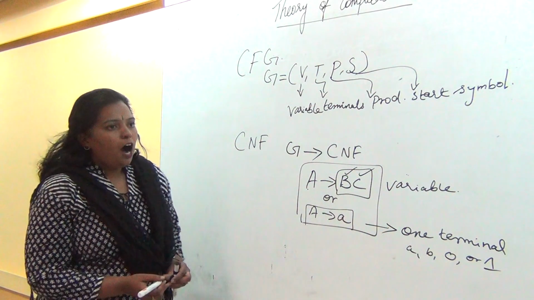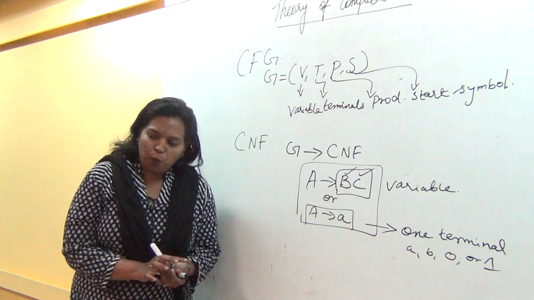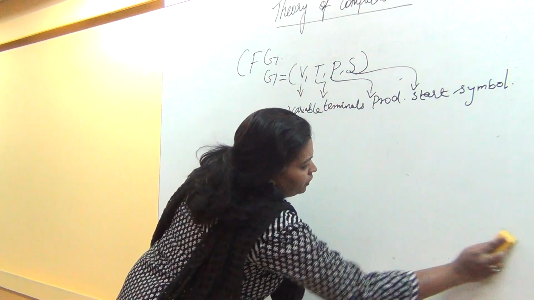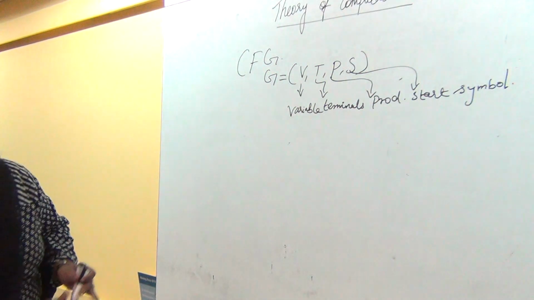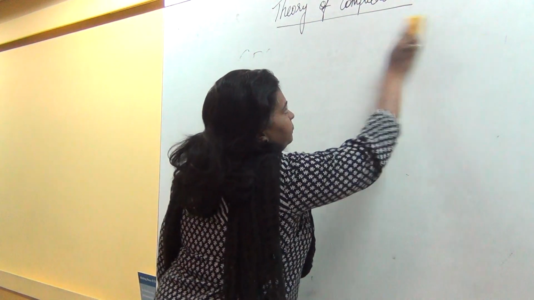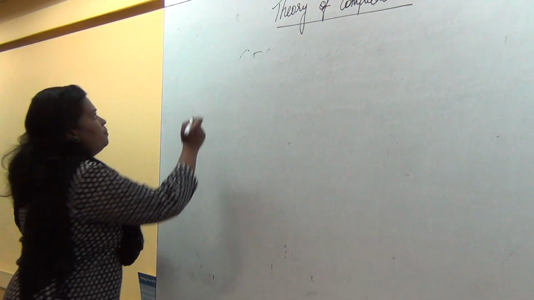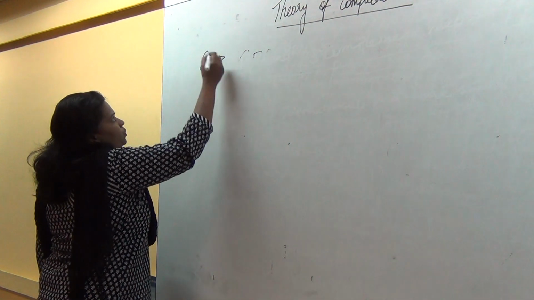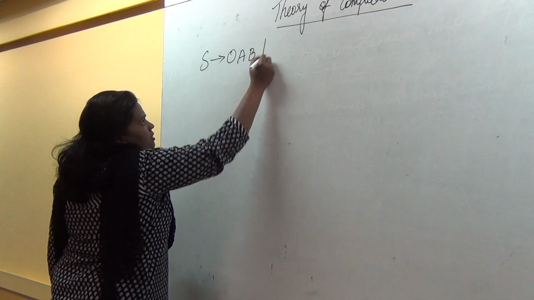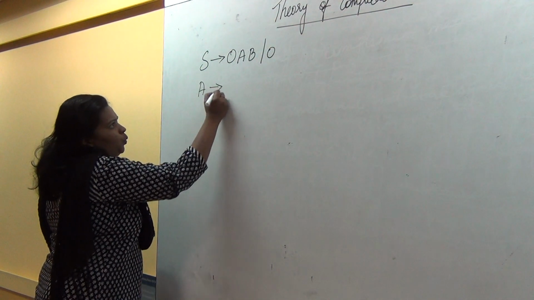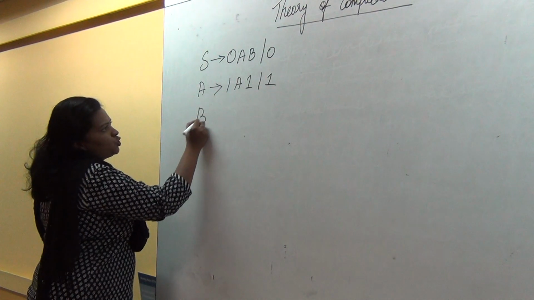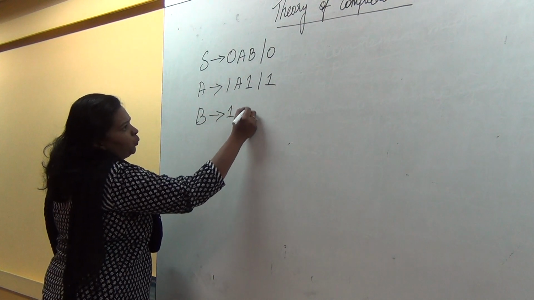Now let us discuss how to solve the problem, how to convert any context-free grammar into CNF, Chomsky normal form. So the grammar is S tends to 0AB0, A tends to 1A11, B tends to 1B1.